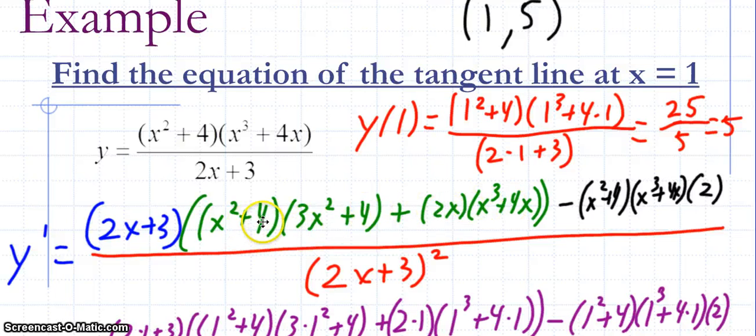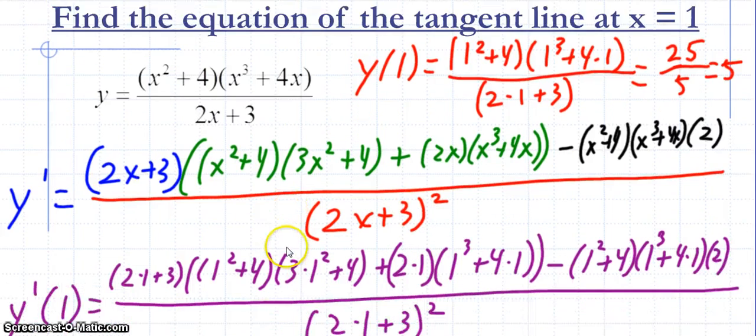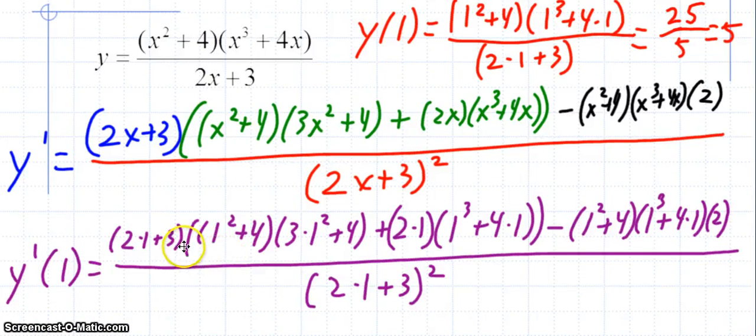Within the derivative of the top, I did first times the derivative of the second plus the derivative of the first times the second. And then I did minus the top times the derivative of the bottom over the bottom squared. See how I color coded that? That's beautiful. It's really pretty. So then that's our derivative.